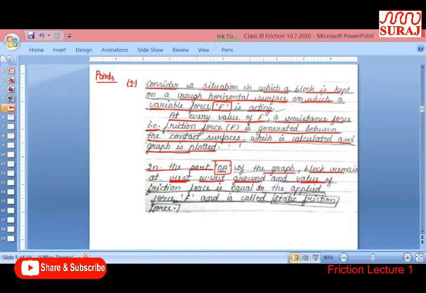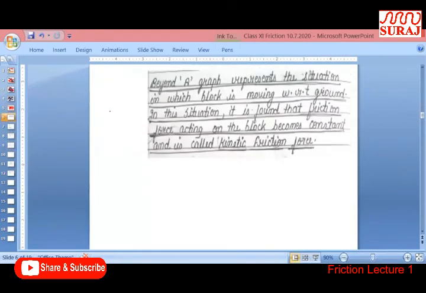That is what I was explaining with respect to ground, and the value of friction force is equal to the applied force F, and is called static friction. That is what we have drawn in the graph.